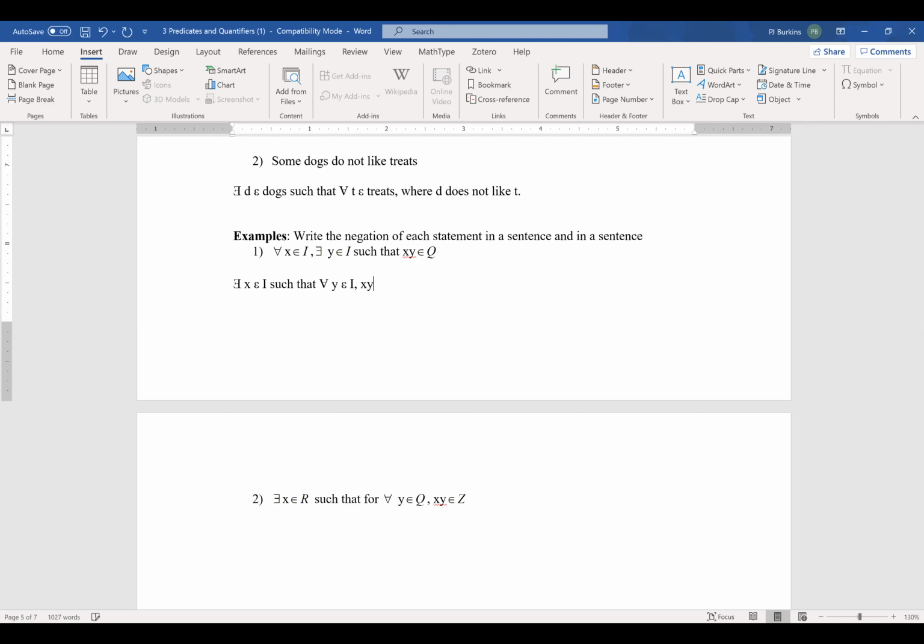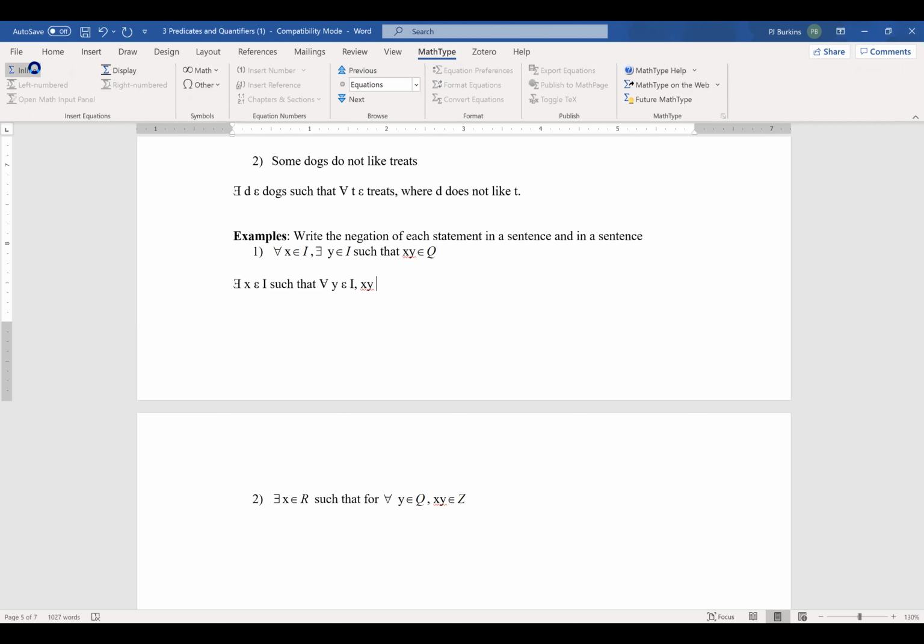X, Y, the multiplication of those two elements, is now not a rational number. So I believe I will have to use MathType for this one, so you guys can see this.